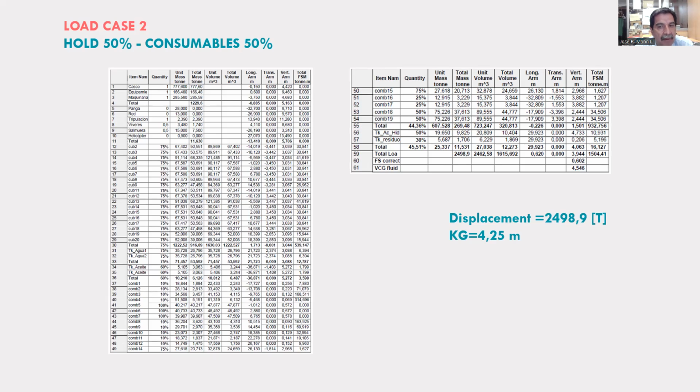Something else about the KG calculation. It's a good idea. You give me 4.25, but how good is that estimation? One way we can do it is either you divide the KG by the draft, or divide that by the depth of the hull. Or maybe you can include also the GM, because the GM can be interpreted as a moment per unit displacement, per unit angle of inclination.